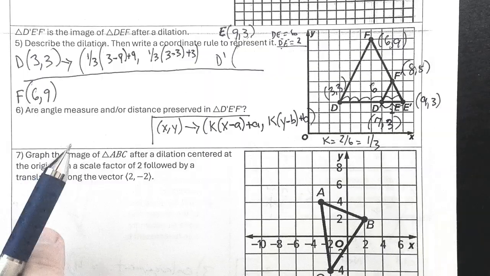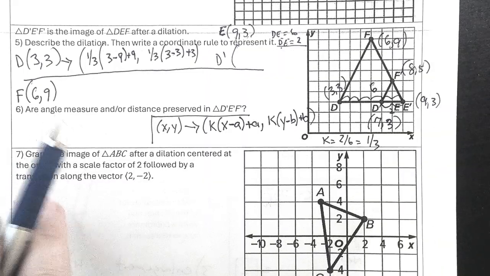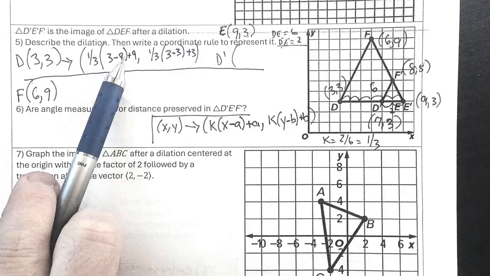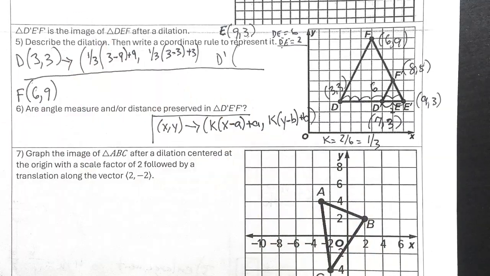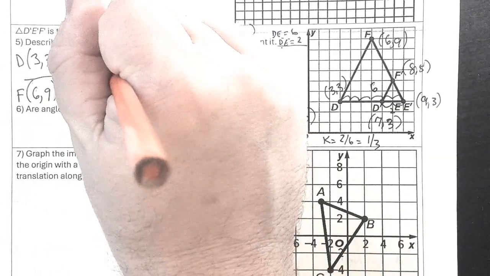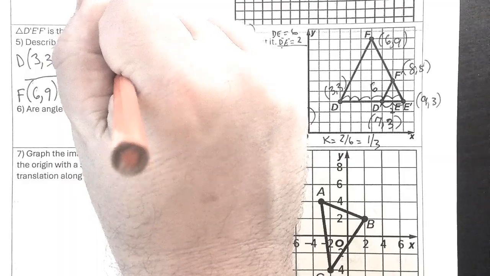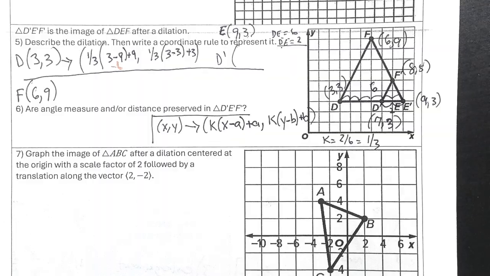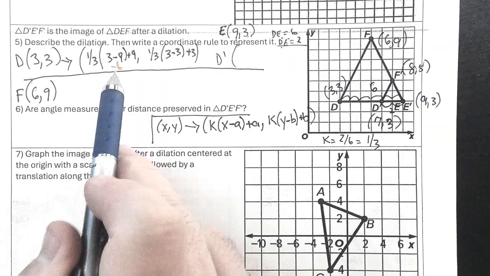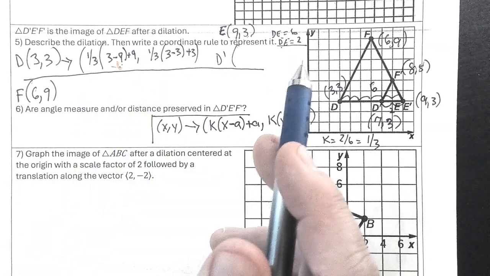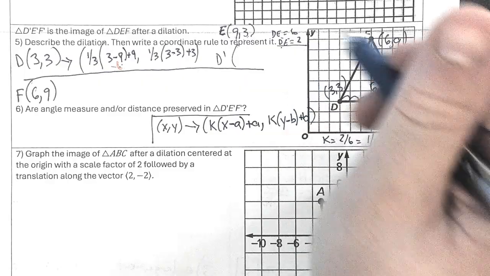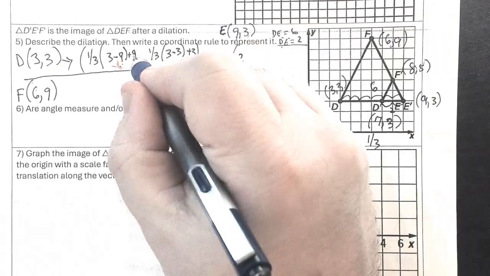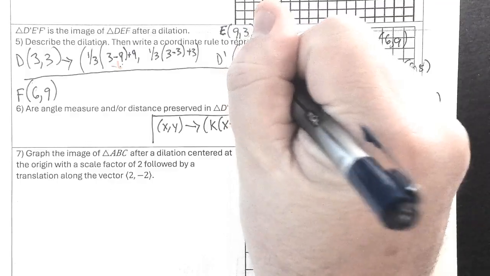Let me see if I can get going a little bit here. So 3 minus 9 is -6. Okay. All right, -6 times 1/3, or -6 divided by 3, gives you -2. -2 plus 9 is one side.